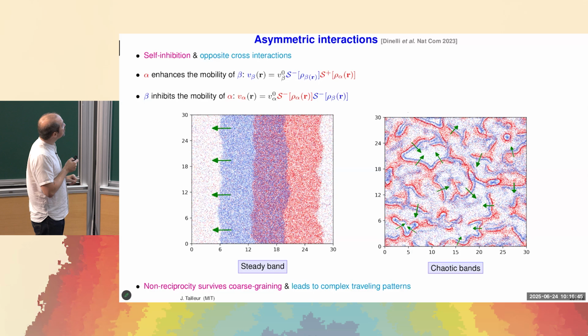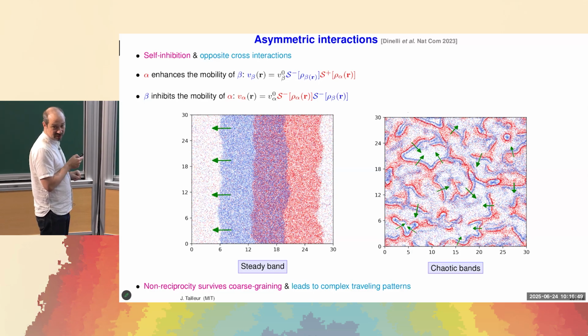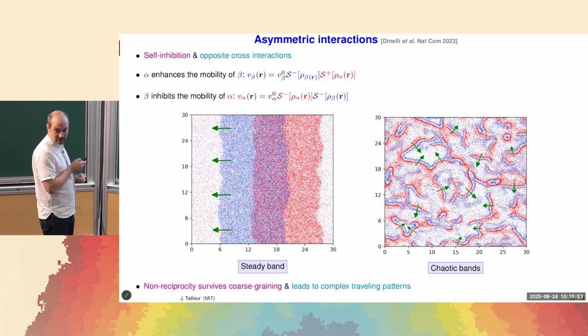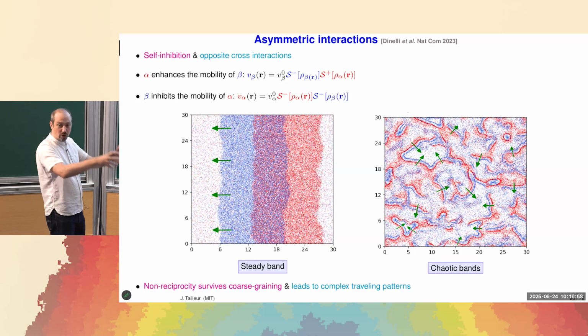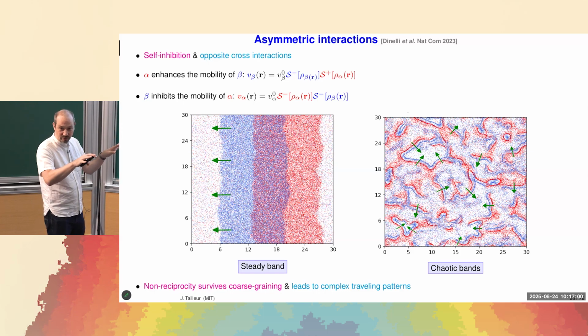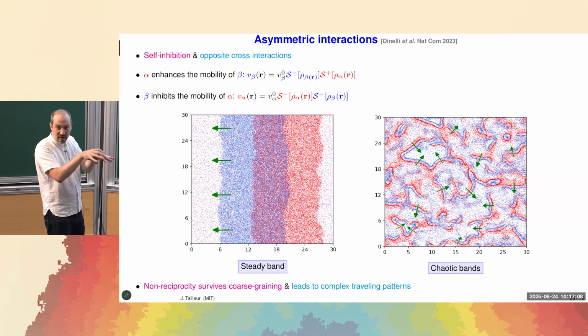Species beta is being slowed down by itself, but it is being sped up by species alpha. Species alpha is slowed down by itself and by species beta. Okay. So they do their random tumble walk. You coarse grain them, you get two coupled, essentially non-equilibrium model B. And these have instabilities that lead to the formation of bands that colocalize and travel together.